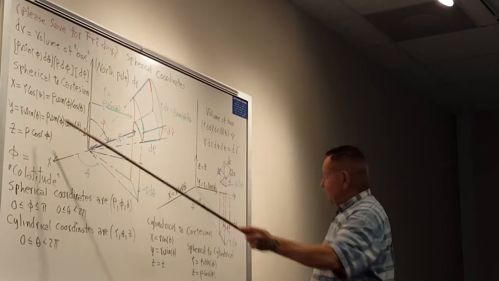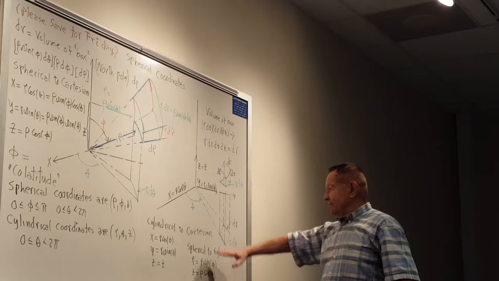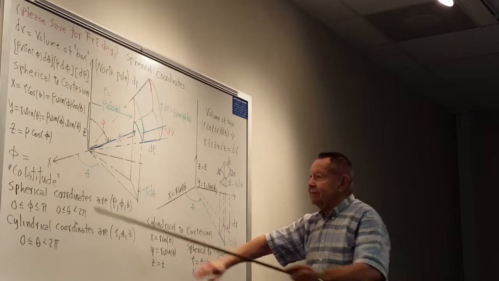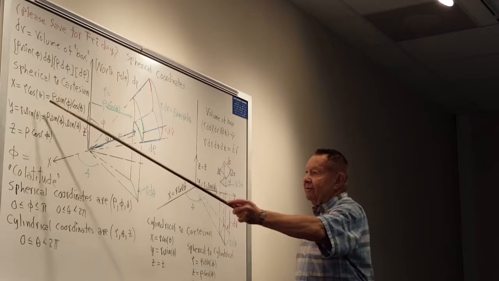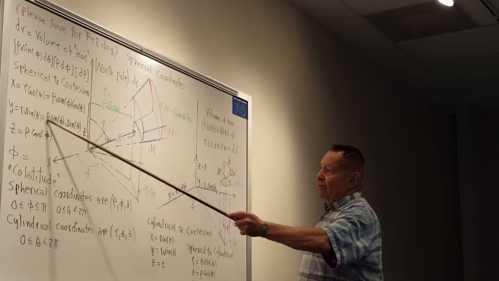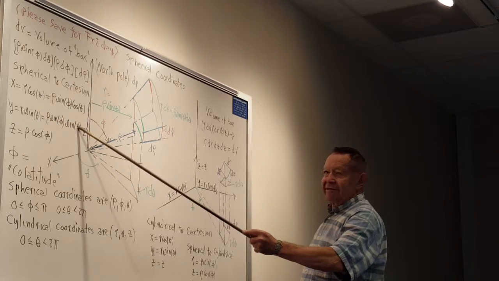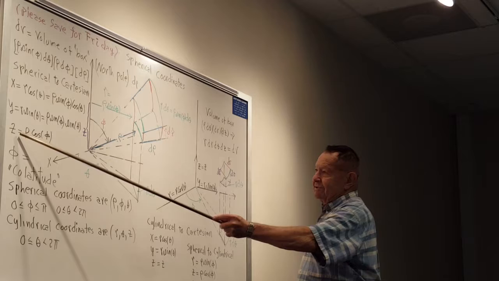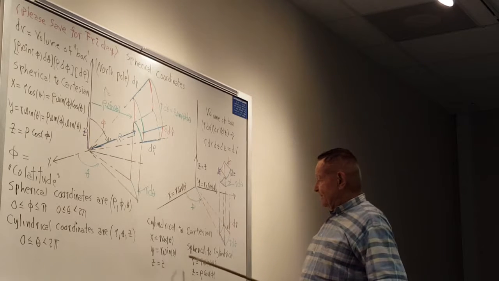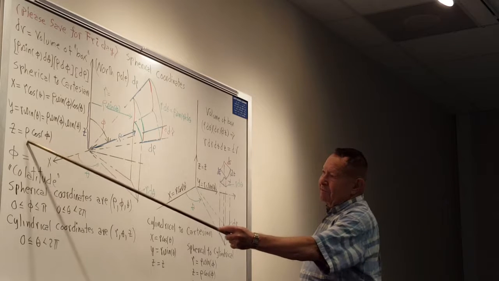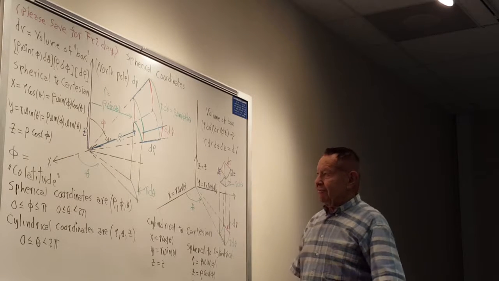The y of cylindrical coordinates is r sine theta, and so that would be rho sine phi for the r, and then sine theta. And then the z of the cylindrical coordinates or of Cartesian coordinates would be rho cosine phi.